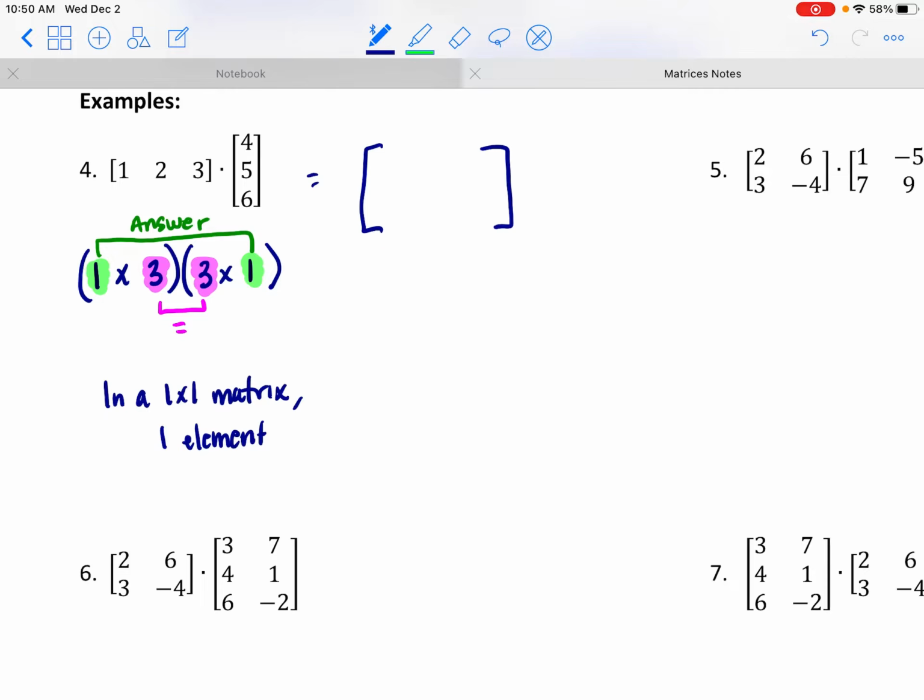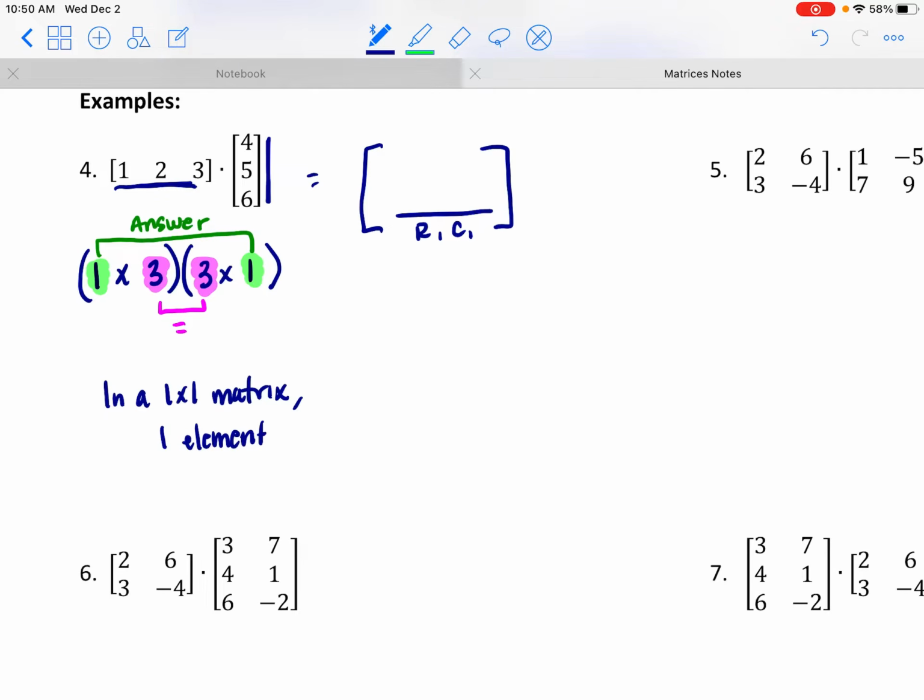So how do we get the one element? What we're going to do is multiply. This will get easier as we go through a few more problems. But in this one spot, row 1, column 1, we're going to take our row from the first and multiply it by the corresponding entries in the column from the second.